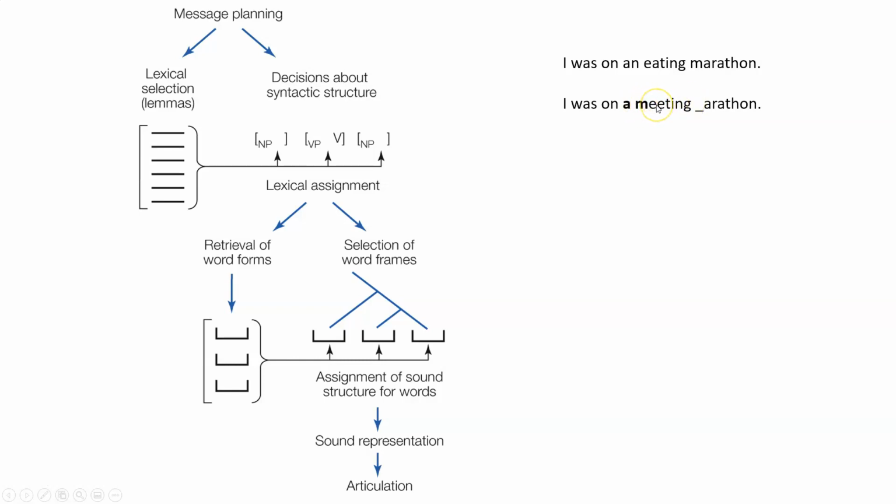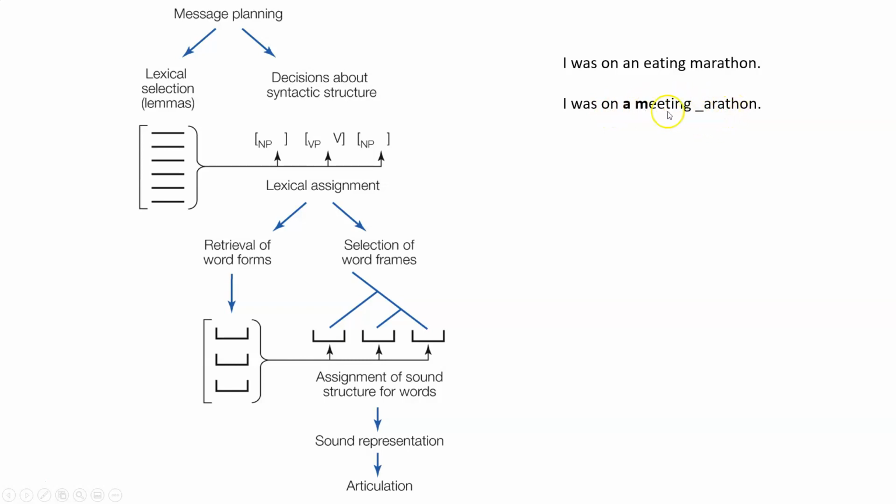Okay, what we're seeing here is that the swap of the M had to have occurred before the article a or an was chosen and fully decided and placed into the skeleton sentence. Because if the sentence had been framed before the M was moved, then we would say instead, I was on an meeting arathon.